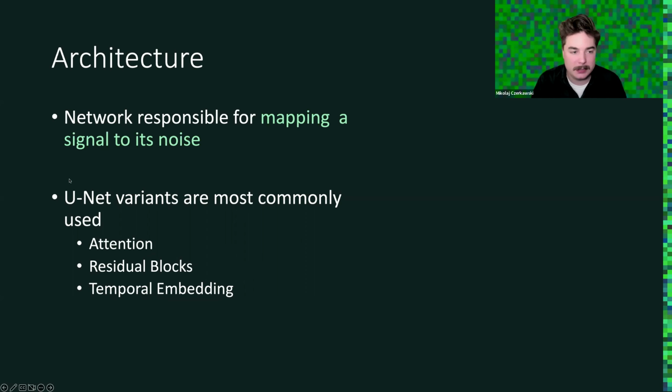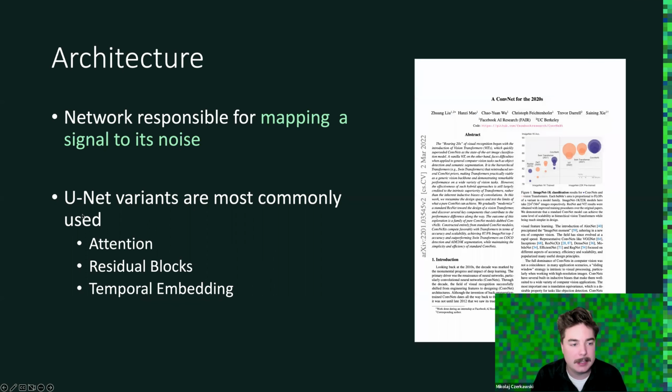So UNet is a good candidate for that, and very often UNet with some additional features such as attention and residual blocks is used. And also the temporal embedding is quite crucial here, because at each step of the diffusion, it's usually quite useful to use this t argument to make it a little bit easier to get the context of where we are in the diffusion chain.